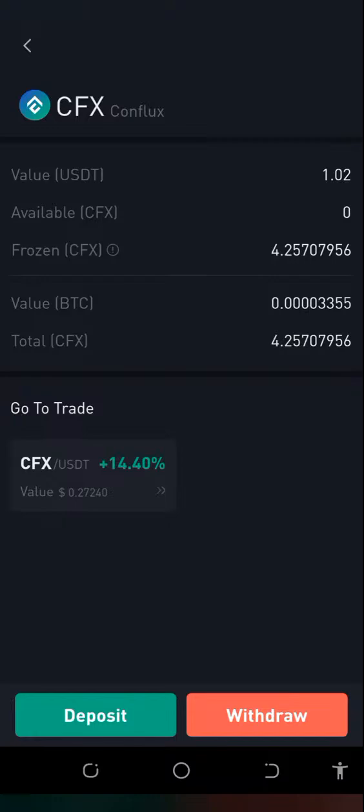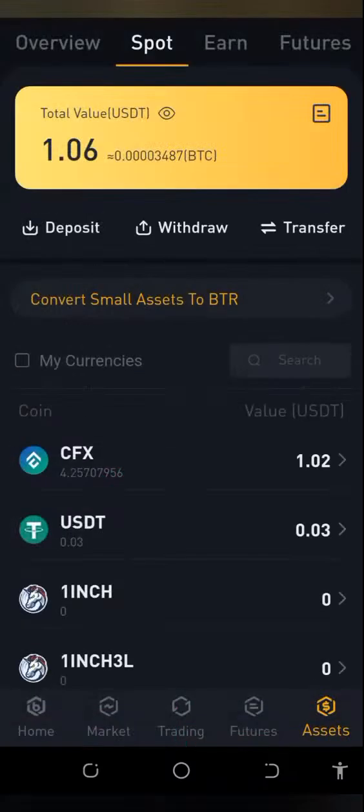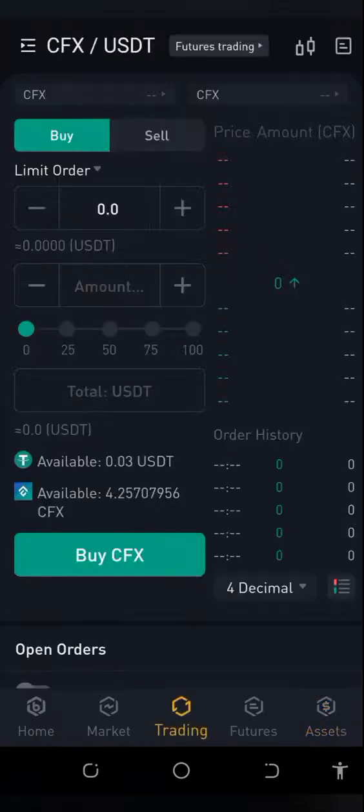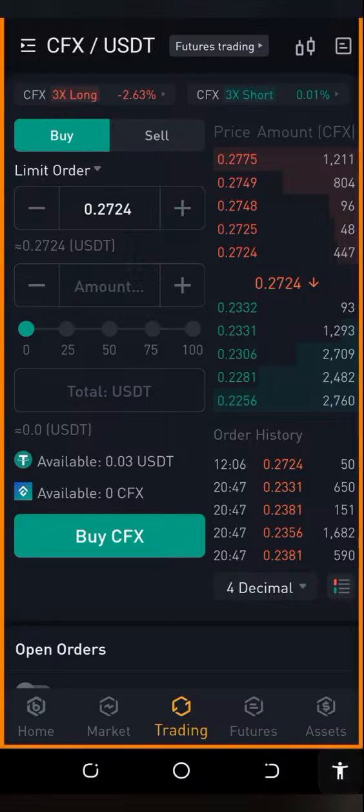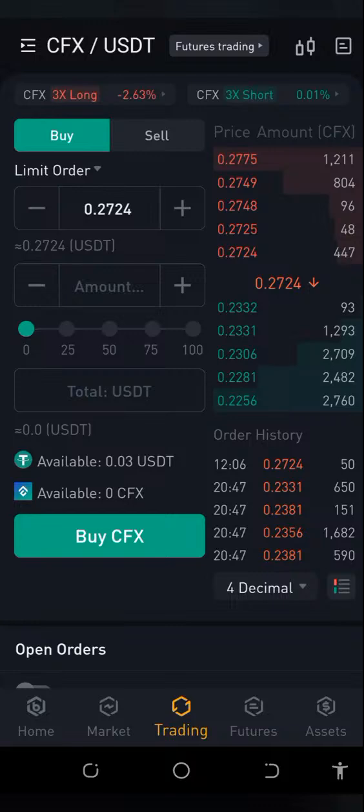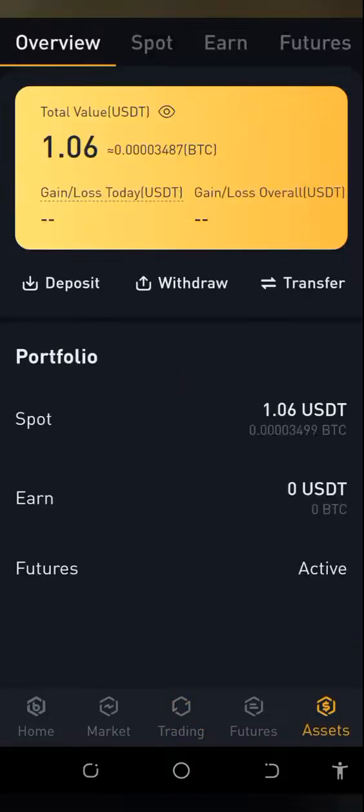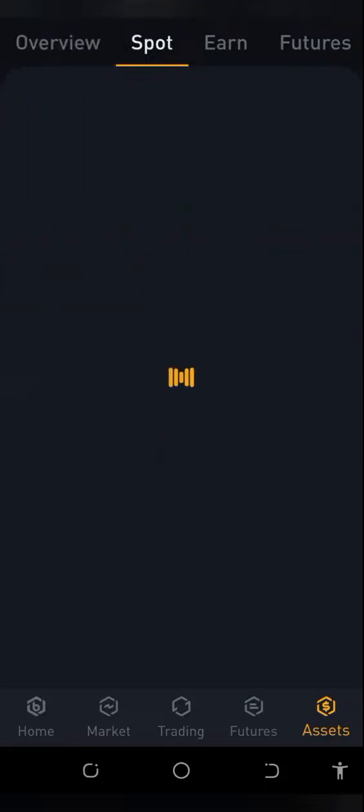Okay, so has it not gone? I don't know. Let me just refresh and get back. Okay. Oh, now it's gone. You can see it's now saying 0 CFX. So it's actually gone.